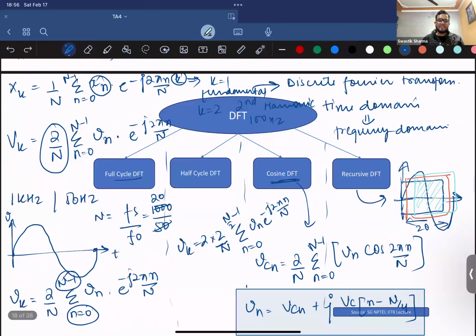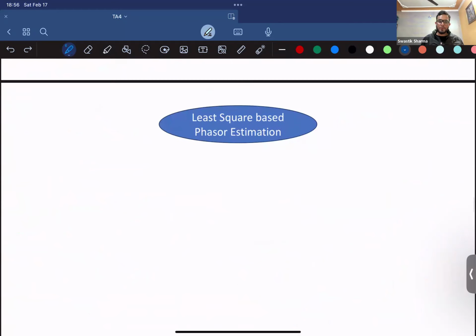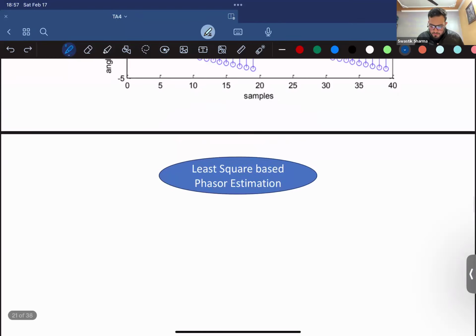That is, you can't find the DFT for subsynchronous frequencies, which is also something that you want to do, because the frequency won't always stay at 50, it can go below. So that's where least squares based phasor estimation comes into play.